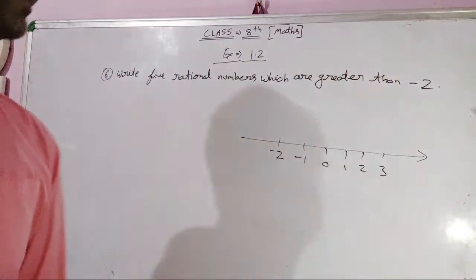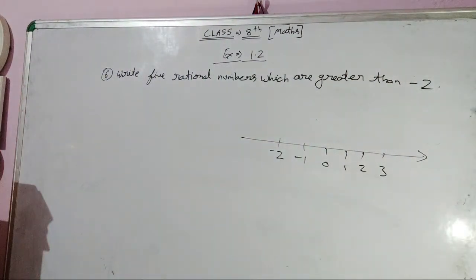Okay, good. So the next question is question number 7. In question number 7, you have to find 10 rational numbers between 3 by 5 and 3 by 4.